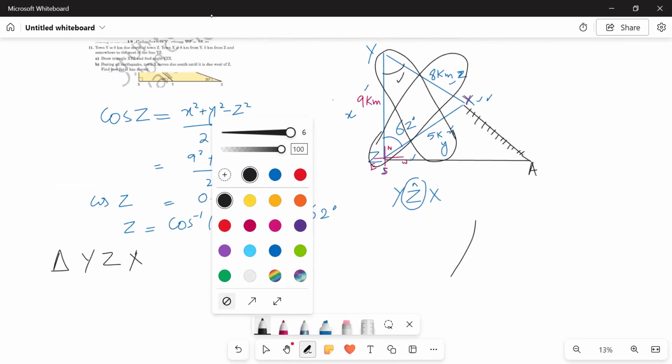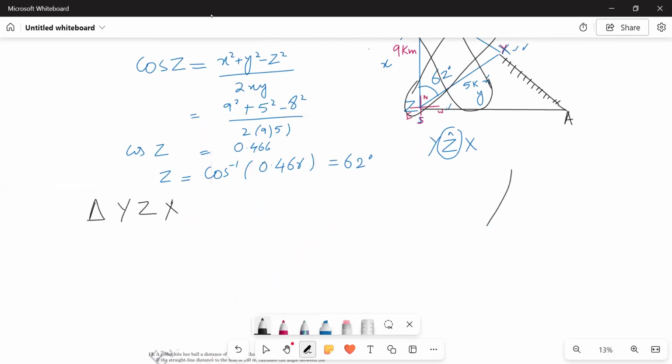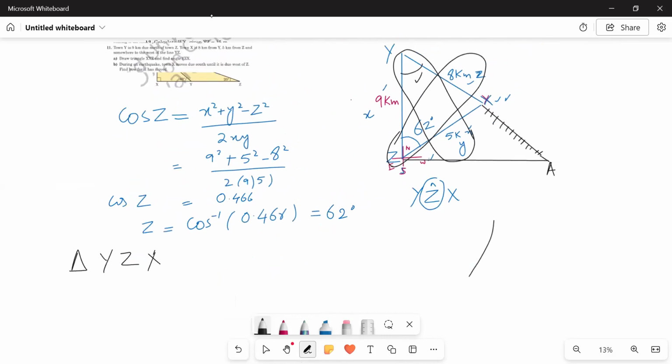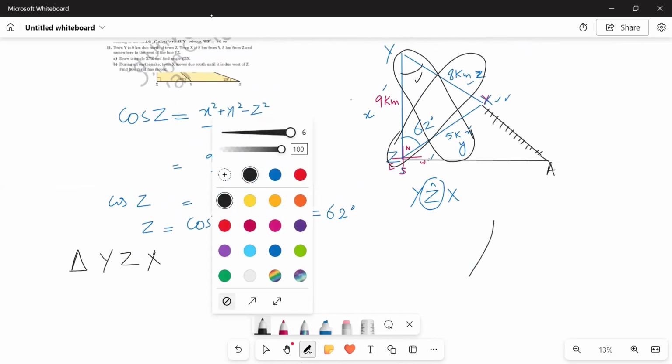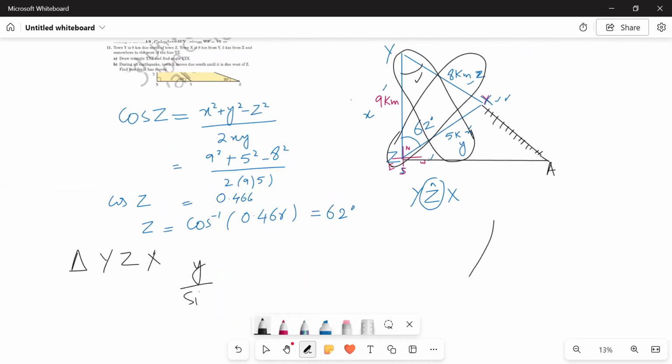Three quantities are given: two sides, x and 5, and one angle, 62. Angle Y we can find by using the sine rule. So it is small y over sine Y and small z over sine z.